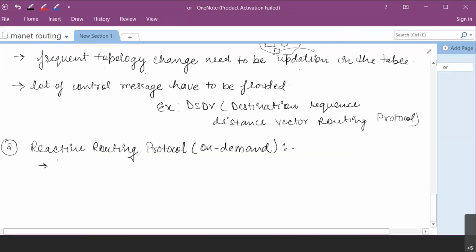Because it is on-demand routing, there is no need to update the routing table each time there is a topology update. The routing table is updated only when it is needed, when communication has to be performed from one node to another node, and that router has to play as an intermediate node in the path. Otherwise, not.